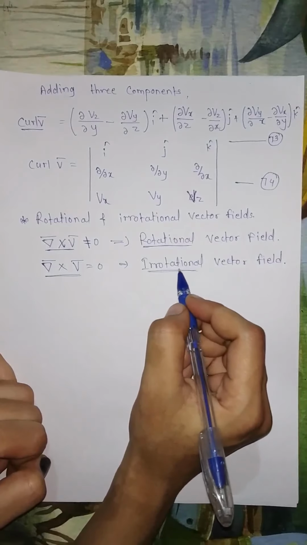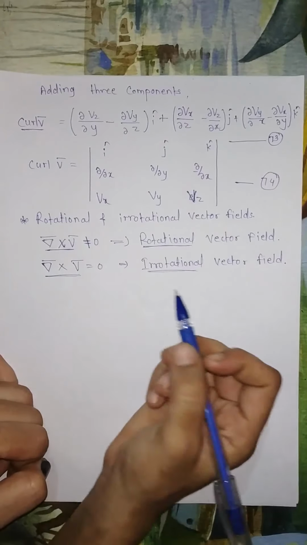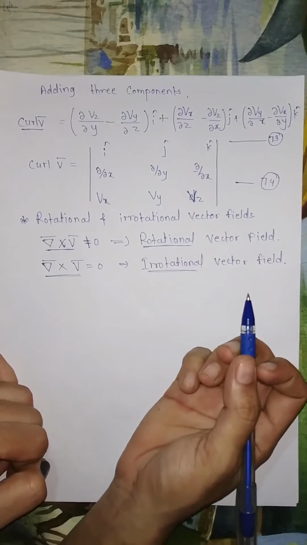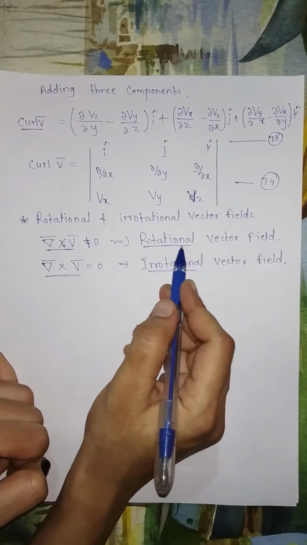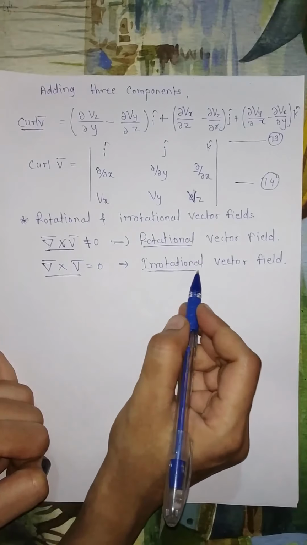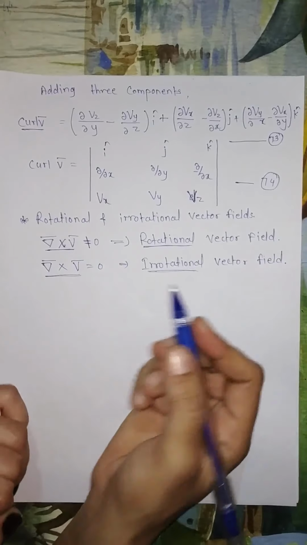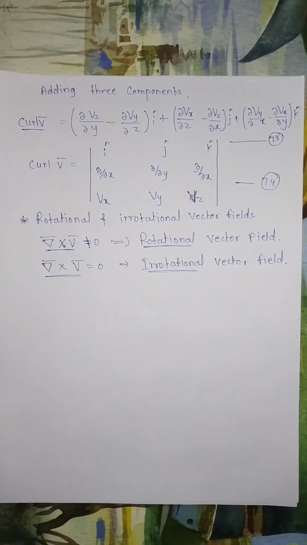In problems they may ask you to show that your vector field is rotational or irrotational. If your vector field is rotational, its curl will be non-zero, and if it is irrotational, its curl will be 0. So this is all about the curl of a vector field and its physical significance.